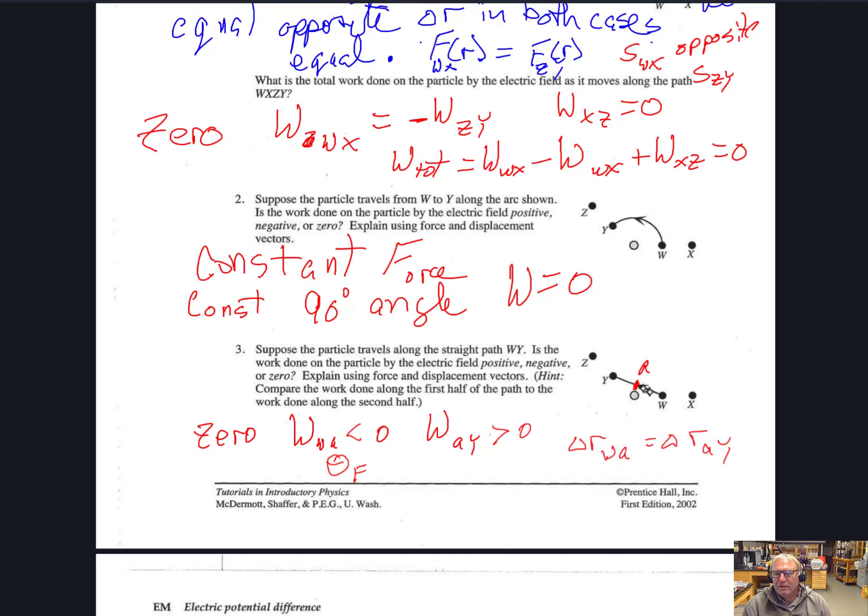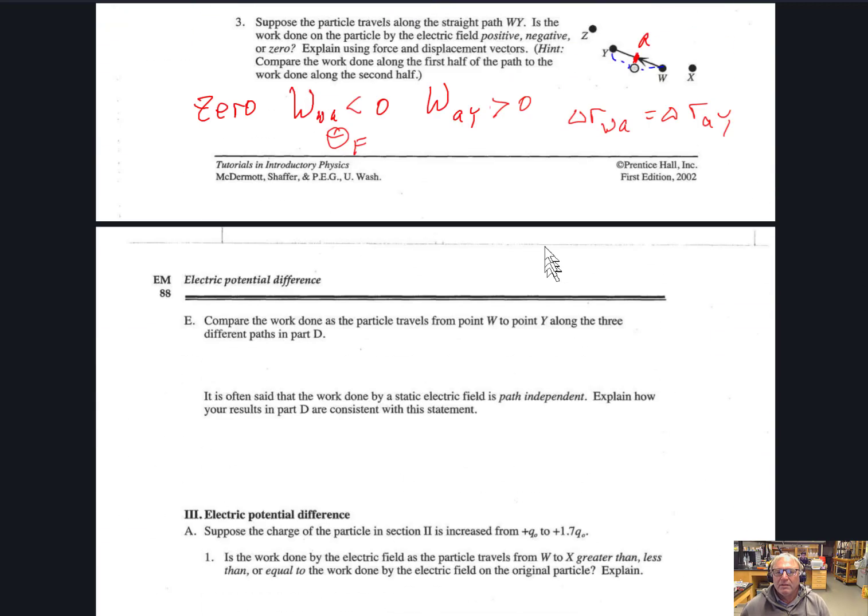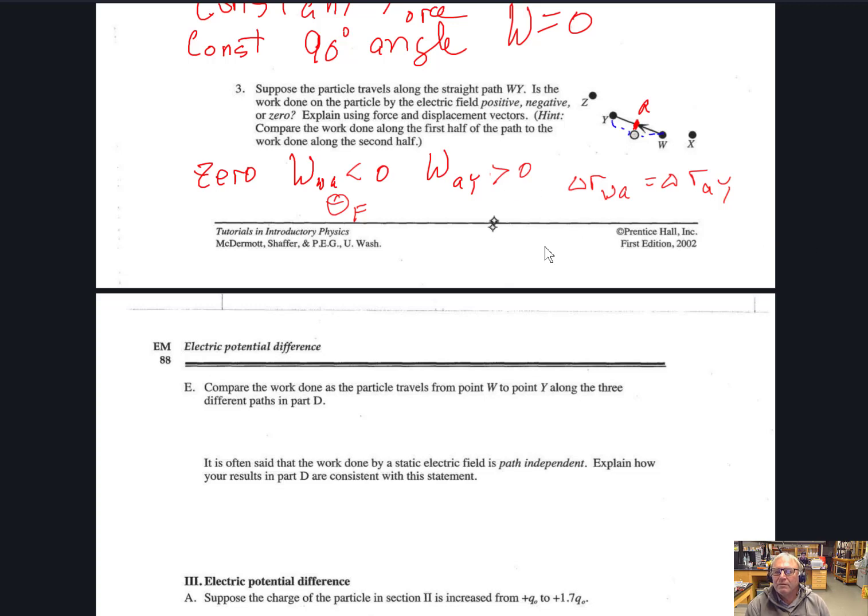The radius vector, the change in radius is the same. And so that means that, yeah, so 0. All right. So work WA equals the negative of work AY because of this.